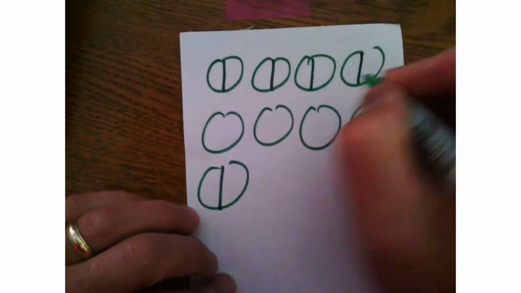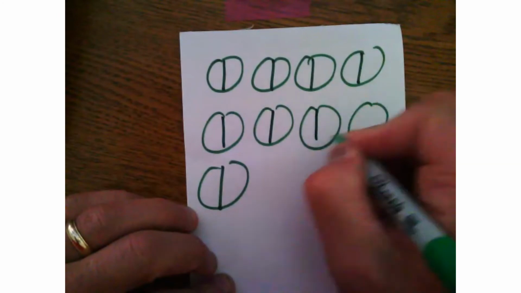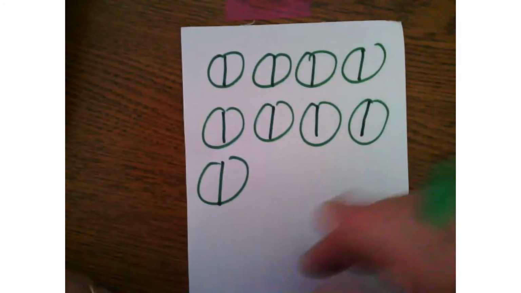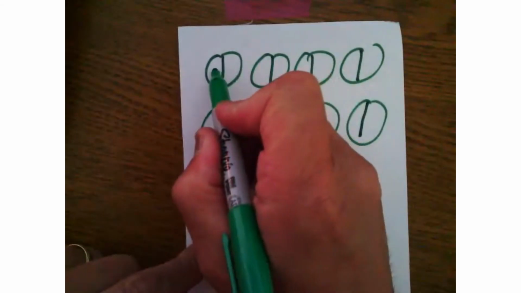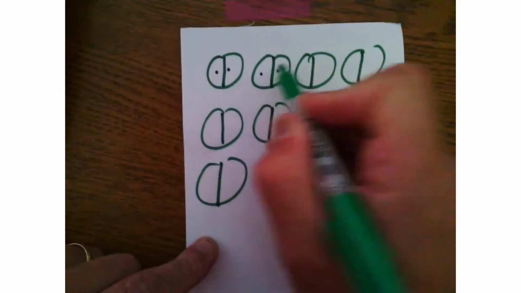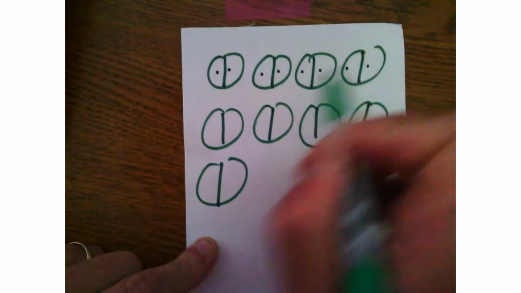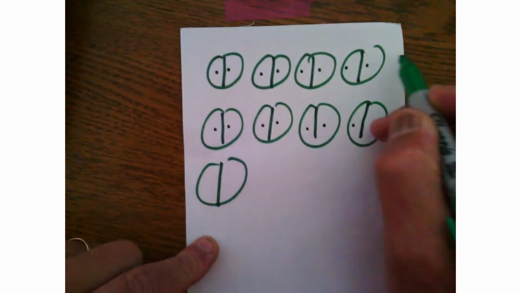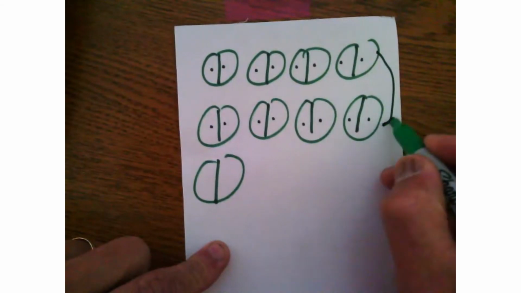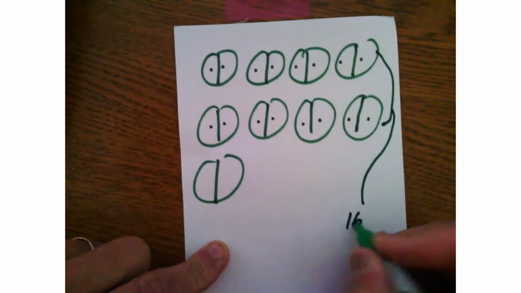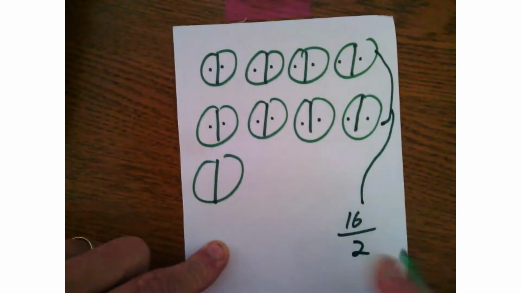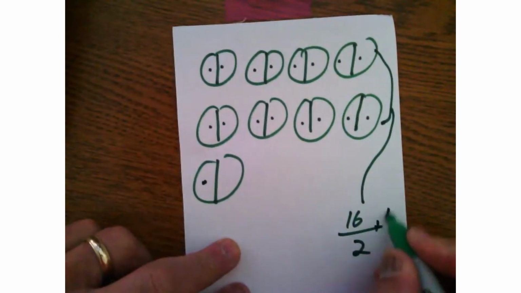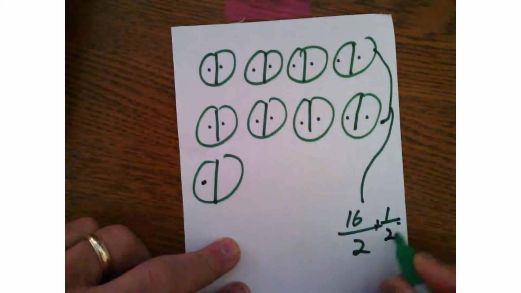I'm not changing the value at all. This is still 8.5. I didn't draw any more circles. But if I look at the 8, it's now 1, 2, 3, 4, 5, 6, 7, 8, 9, 10, 11, 12, 13, 14, 15, 16. That's 16 halves.